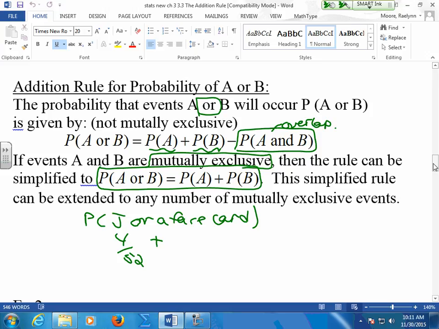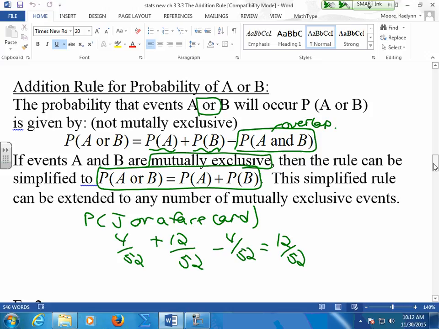Just a face card. 12 out of 52. Now, the part that we subtract is where they overlap. How many of those face cards are jacks? 4. So we have to subtract out what we overlapped. And then just reduce it.